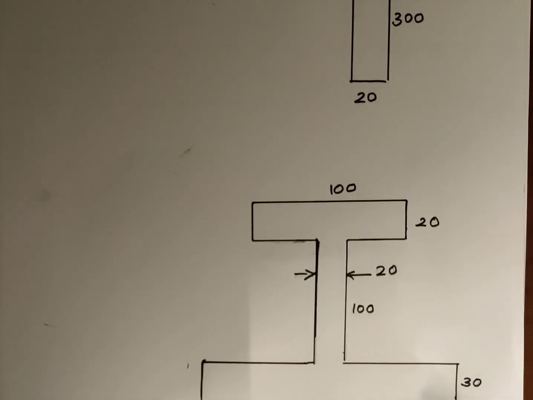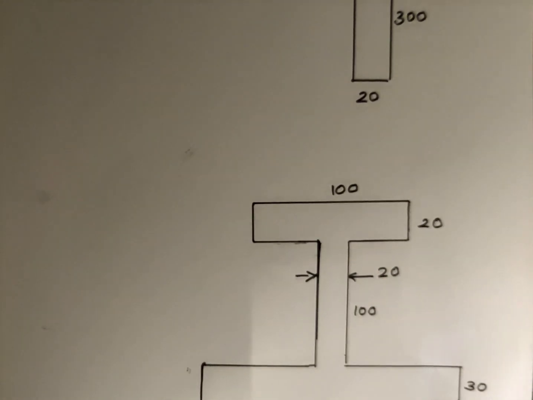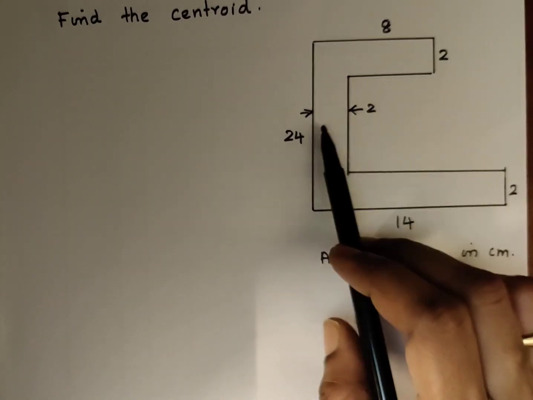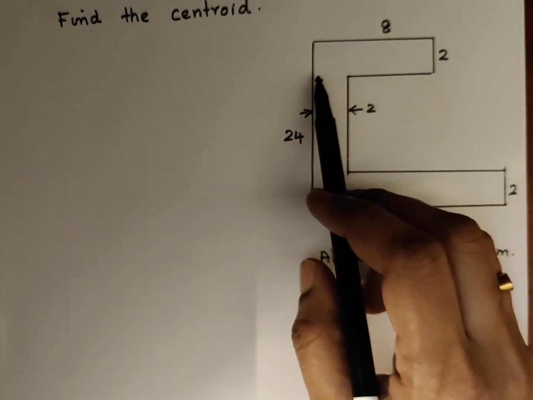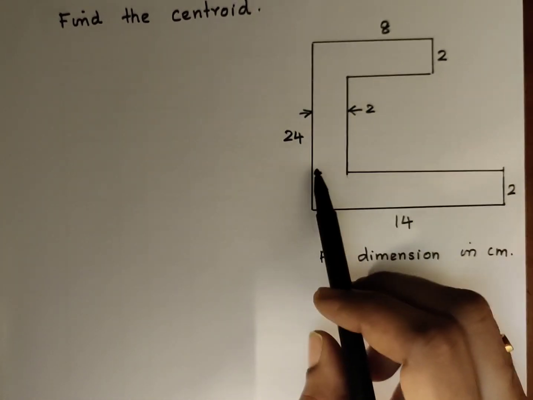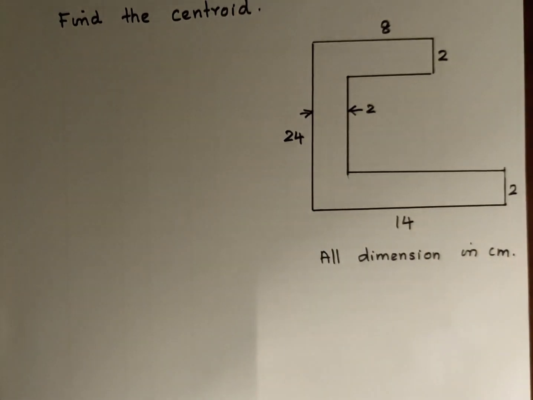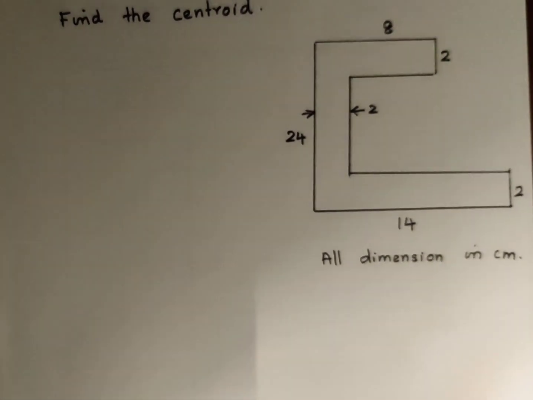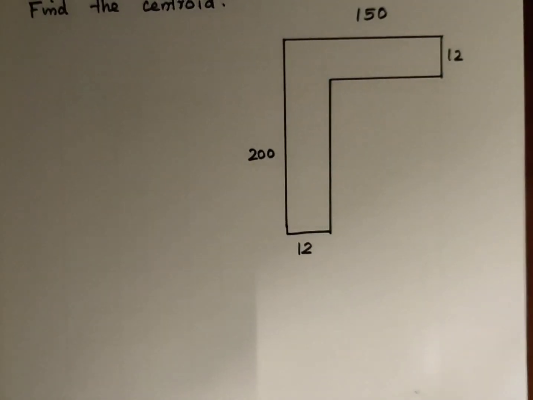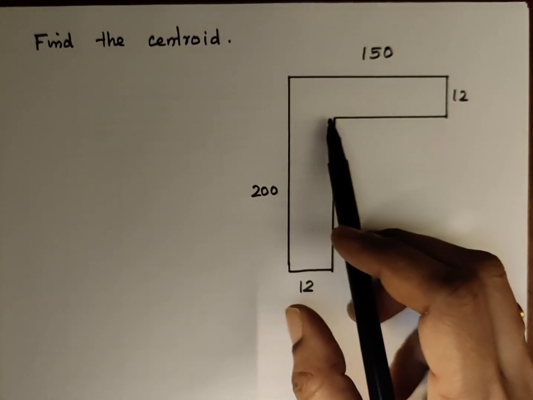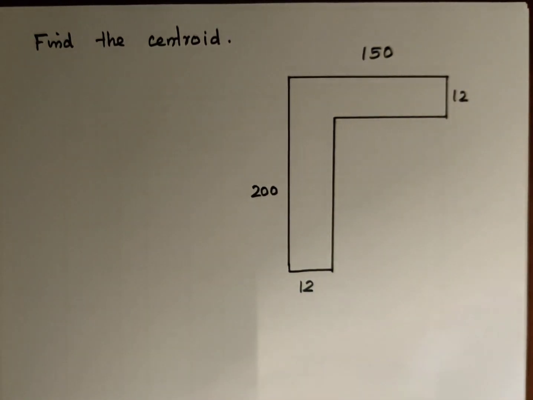The second figure is an I section which is made up of three rectangles. The third figure is also made up of three rectangles: the first, second and third rectangle. You have to divide the figure into rectangular shapes.